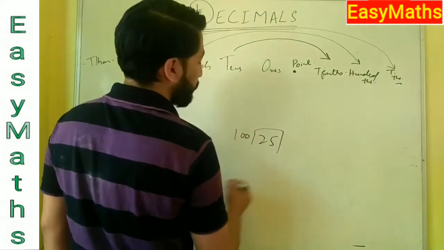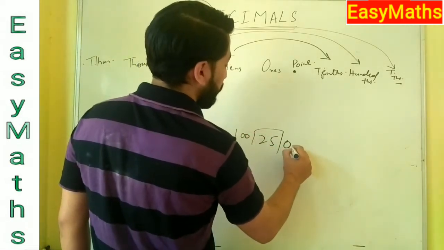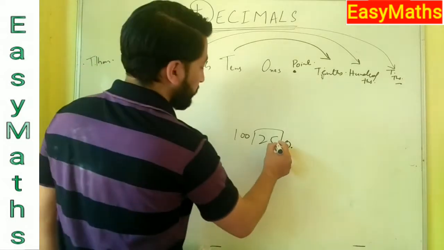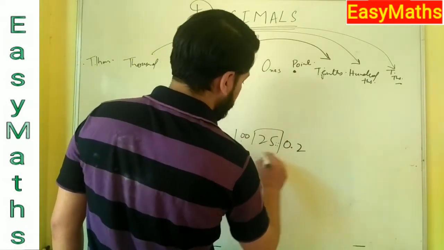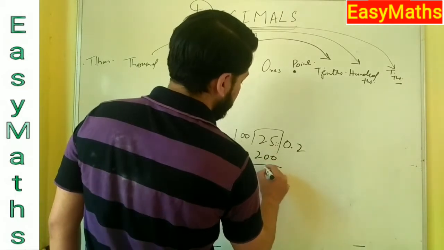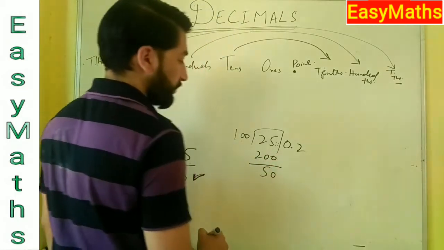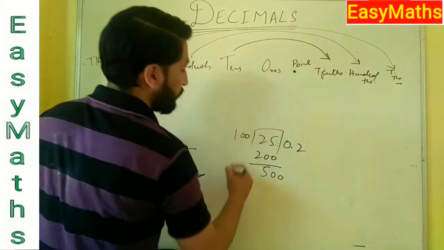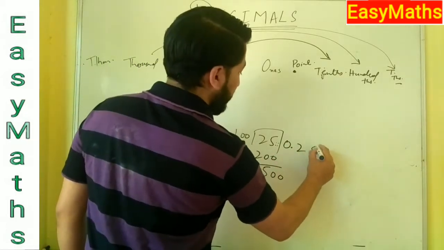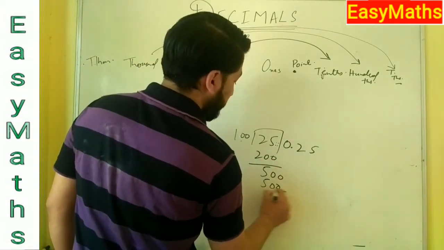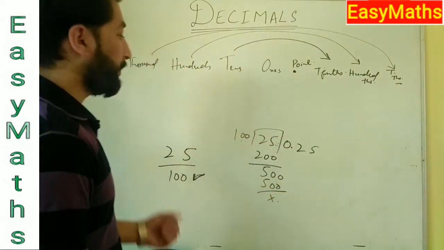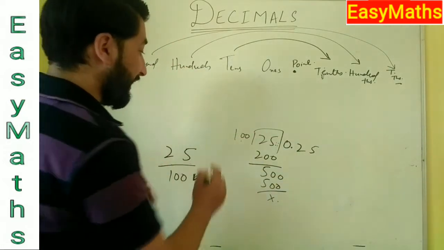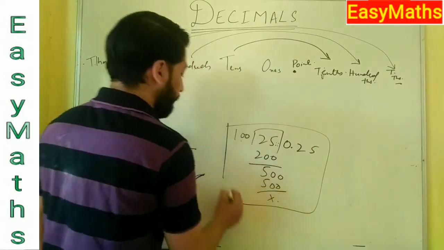When we divide 25 by 100, there comes 0 point, then 0, then 100 twos are 200, then 5 and 0 come down, we add one more 0, and 100 fives are 500. So the number is 0.25, but we have a shortcut method for this.